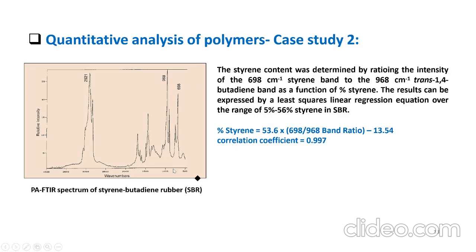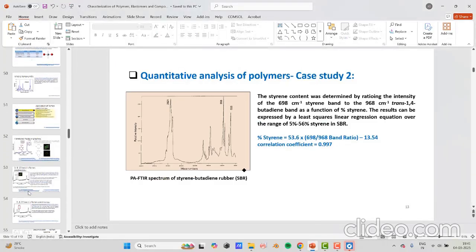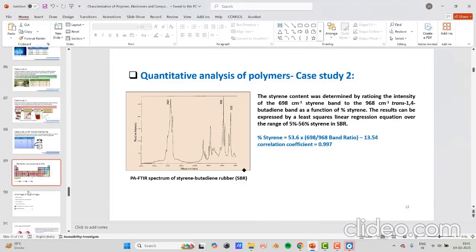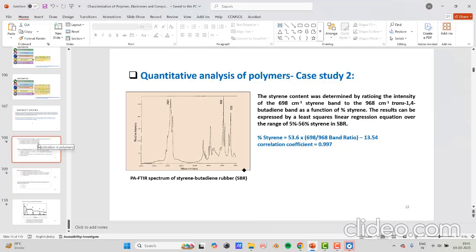Suppose we have a styrene butadiene rubber, we can actually quantify the percentage of styrene present in the rubber with respect to the butadiene. So that can be checked using photoacoustic spectroscopy. So the answer is C.